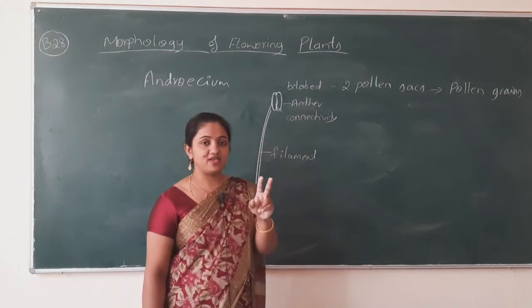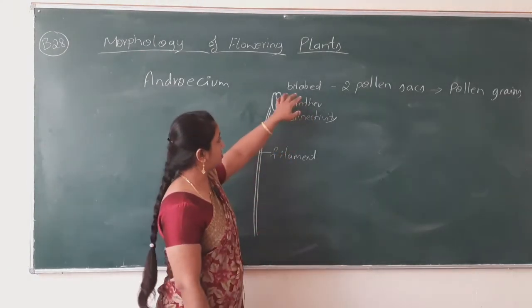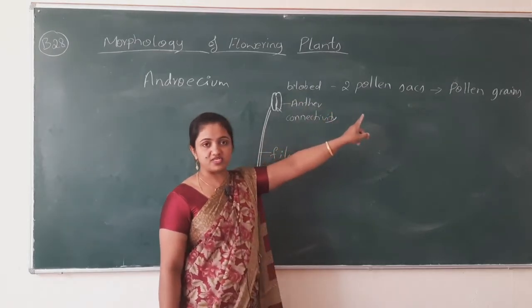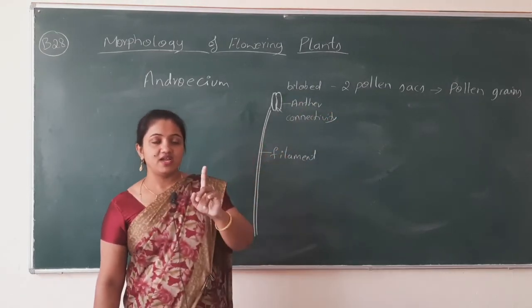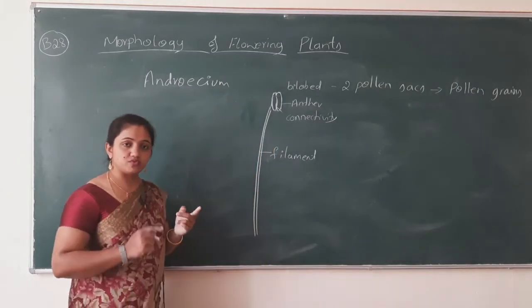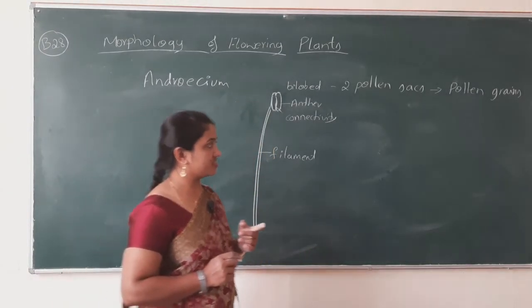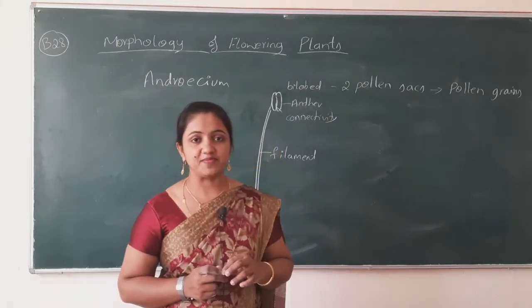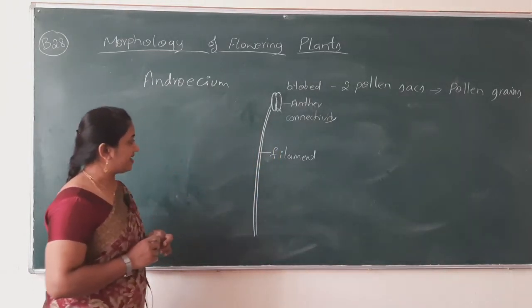The anther will be 2-lobed. Each lobe consists of 2 pollen sacs. Each pollen sac produces a number of pollen grains. Pollen grains are the male gametes of flowering plants.